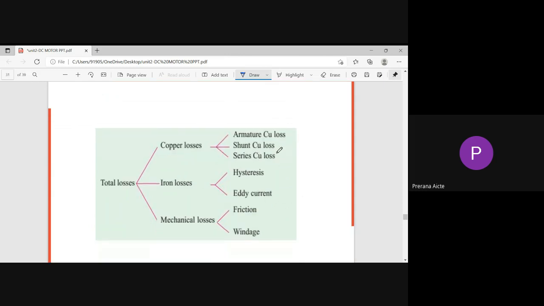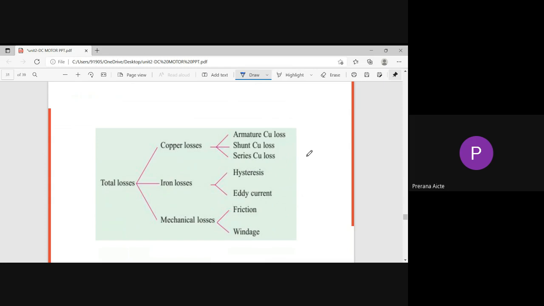From these losses, we categorize constant losses and variable losses. All these losses are categorized into two types: variable losses and fixed or constant losses.